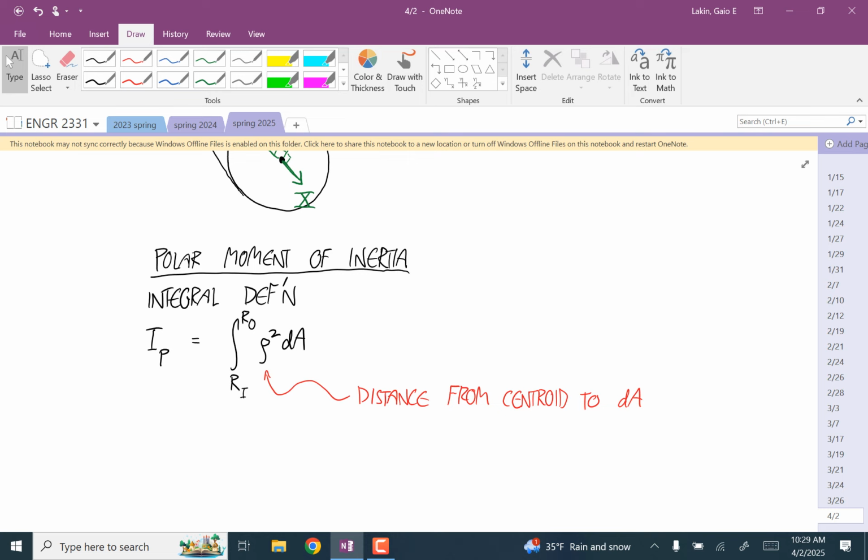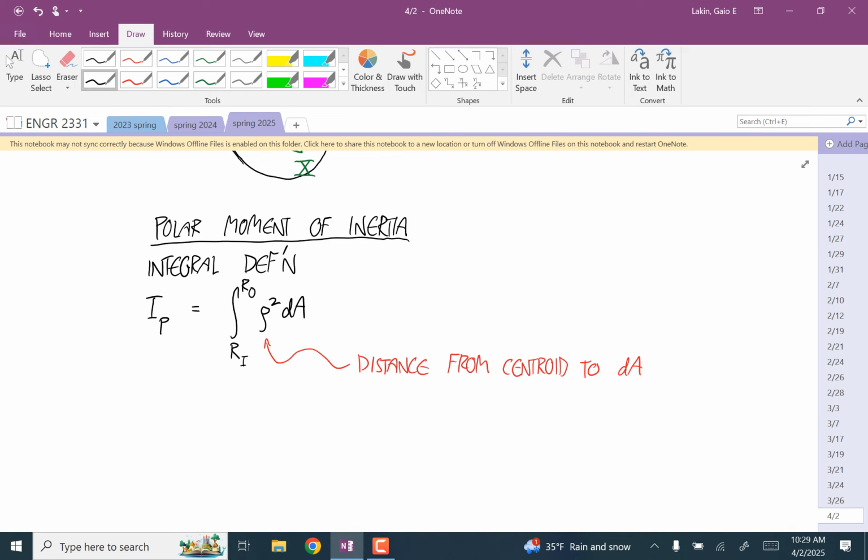Well, we're not going to use the integral definition. Like always with these moments of inertia, we're just going to use a formula, and these are all round, so we don't even have to deal with multiple formulas.